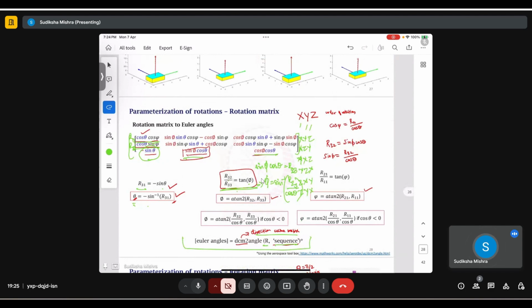So, to compute the Euler angles, first of all, you can know the theta.